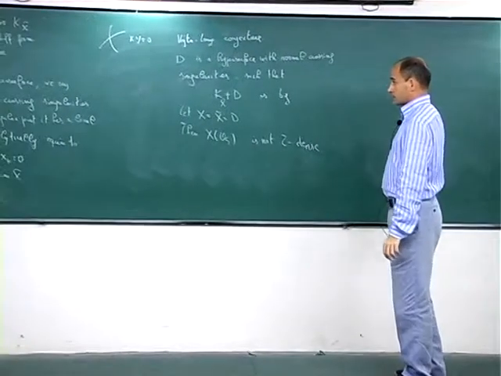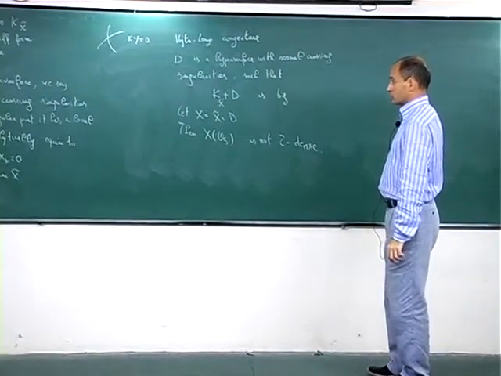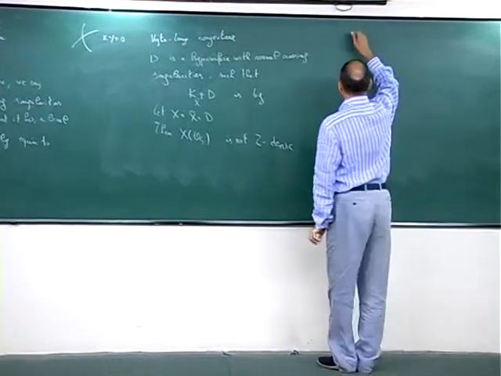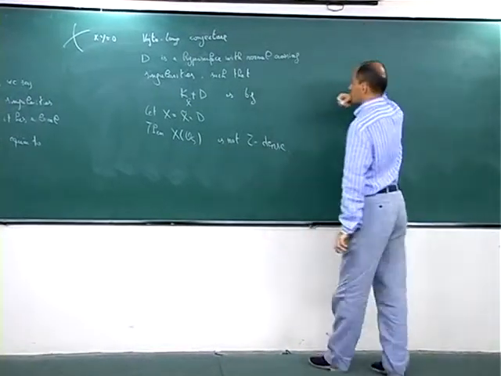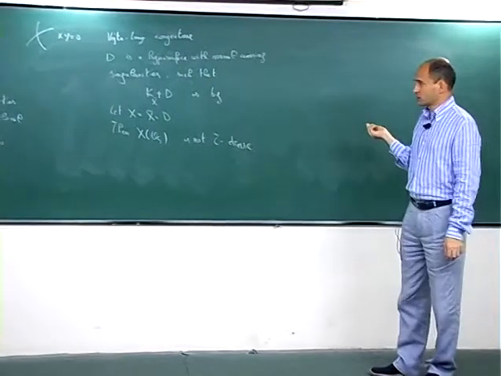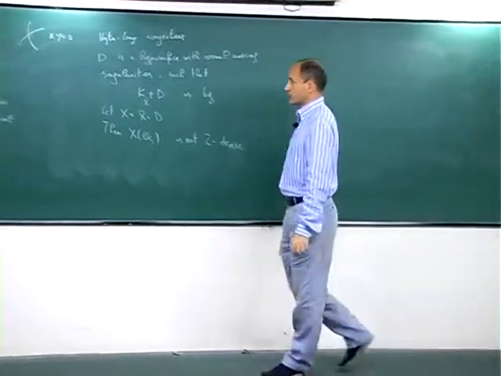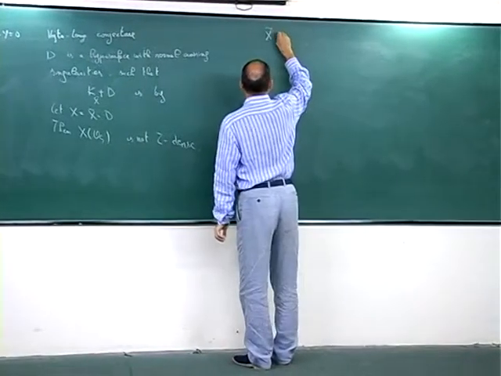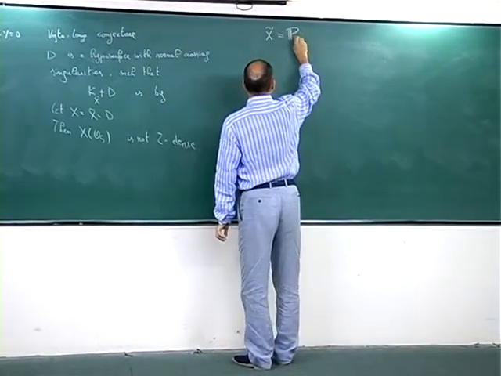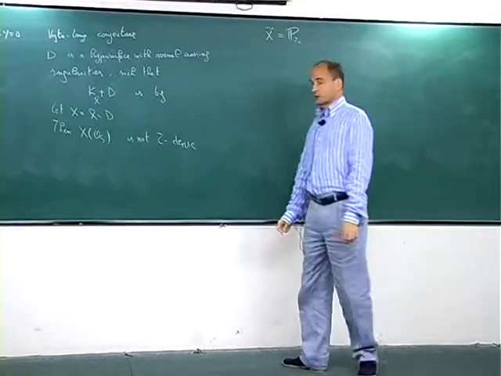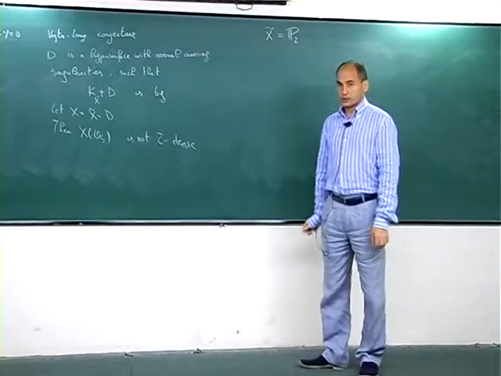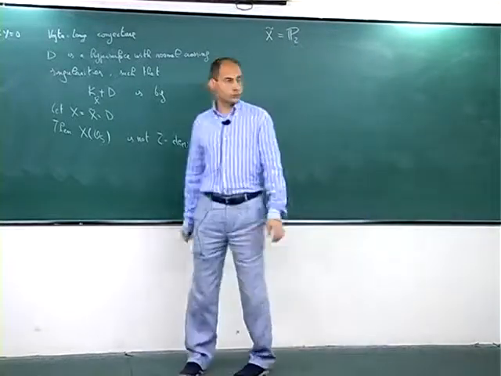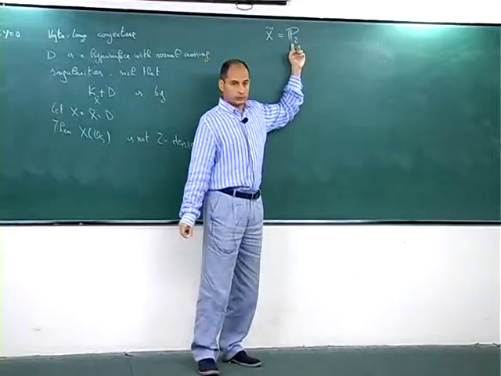Now let us analyze the situation for surfaces, starting with the case in which X tilde is the projective plane. So we shall consider surfaces X which admit a compactification which is the projective plane.